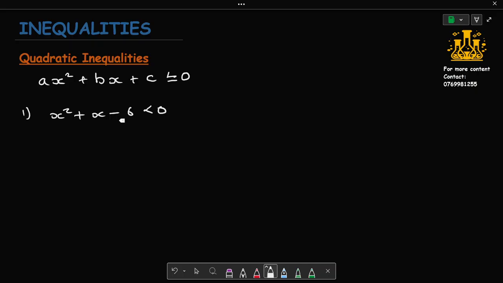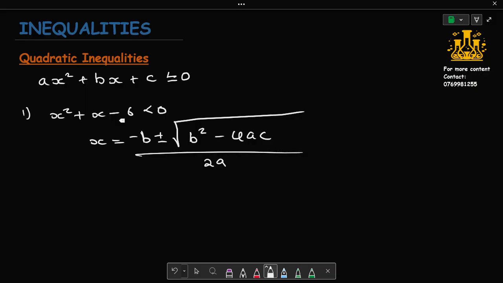So we're going to say x is equal to negative b plus or minus the square root of b squared minus 4ac over 2a. And what we are finding when we do this are what we are calling the critical points for this given inequality.